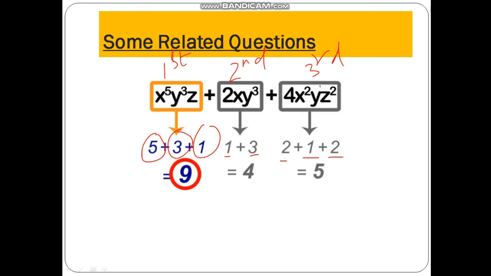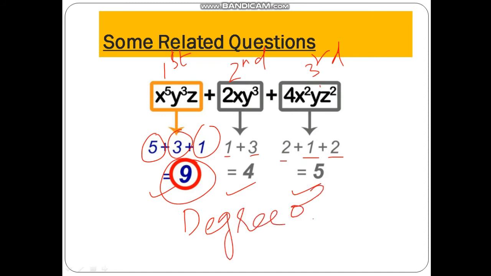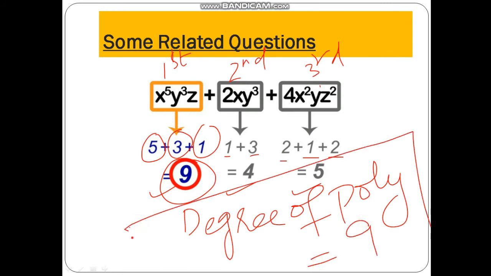So 5 plus 3, 8 plus 1, 9. 1 plus 3 is equal to 4 and this is 5. So what is the largest one? 9 is the largest one, so the degree of the polynomial is equal to 9.